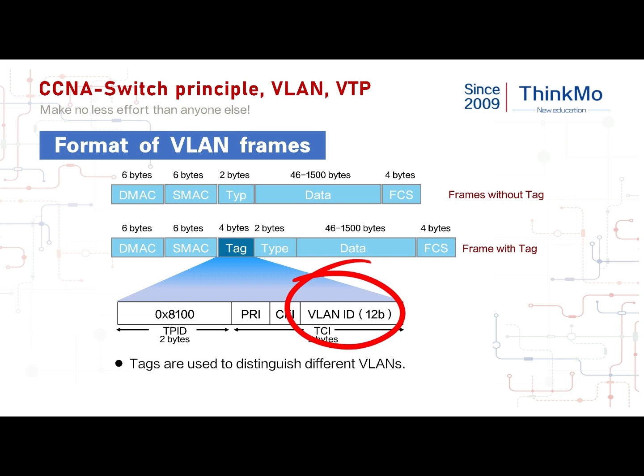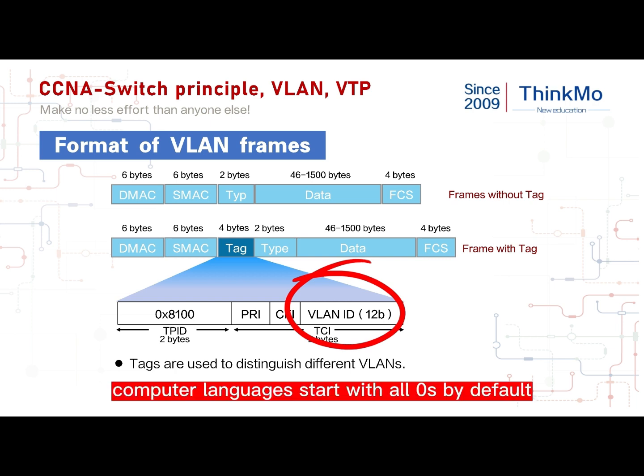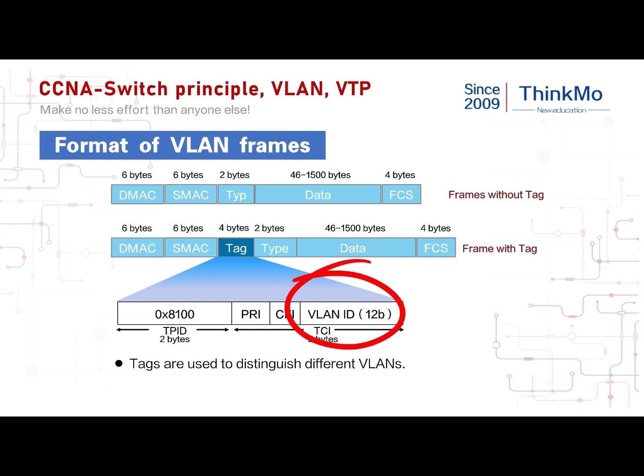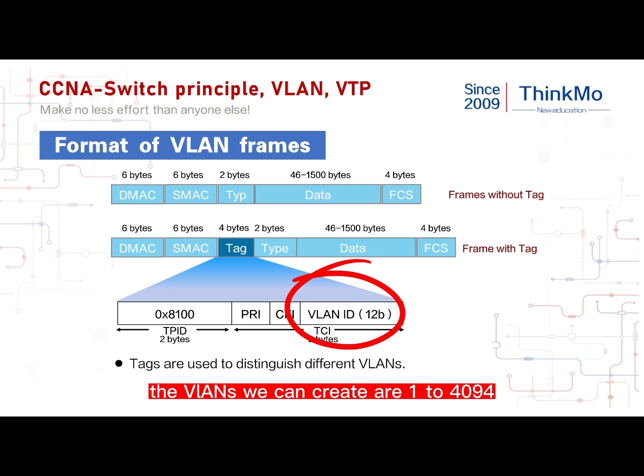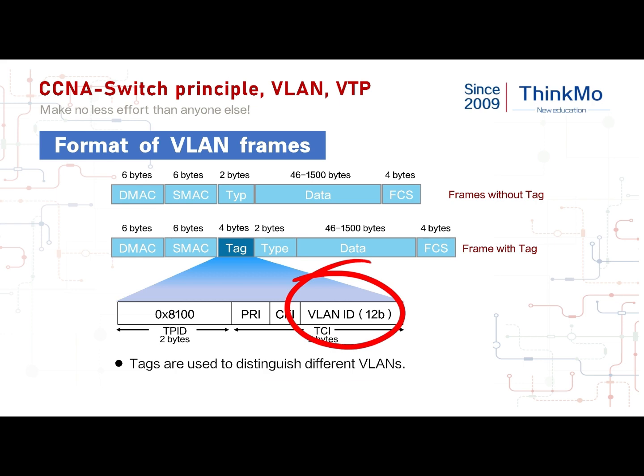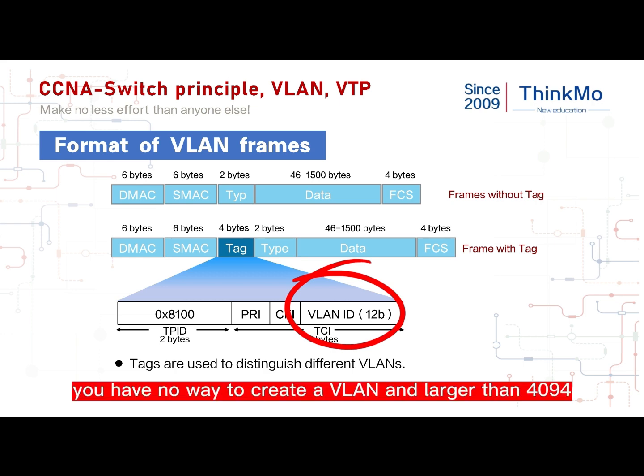Computer languages start from zero by default. So it ranges from 0 to 4095. Among them, 0 and 4095 cannot be used. The VLANs we can create are 1 to 4094. This is the range of VLANs we are able to use and create. Remember this. You have no way to create a VLAN larger than 4094.